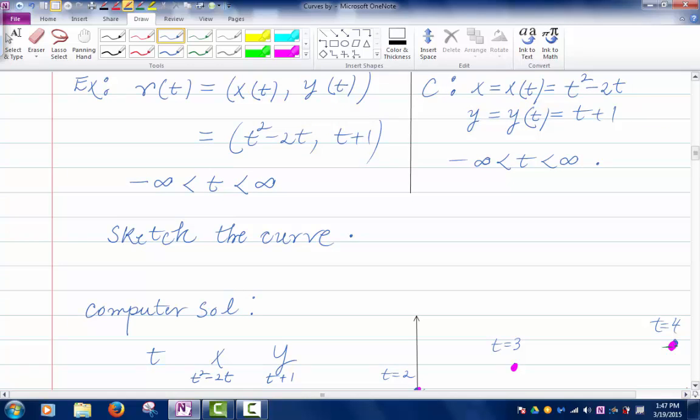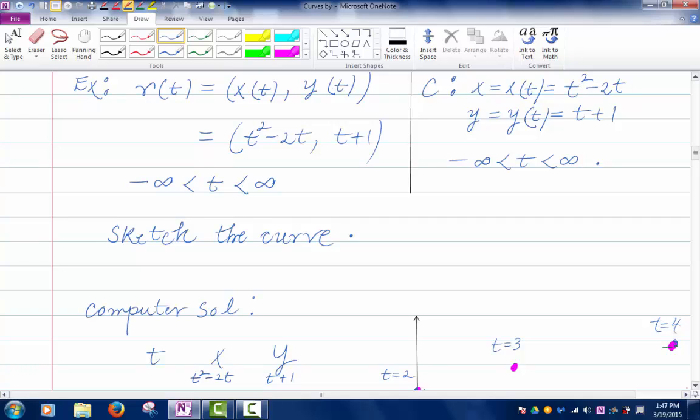Everybody's clear what the problem is? You are given a curve. The coordinates are specified by the functions t squared minus 2t and t plus 1. Now, how would you plot the curve?